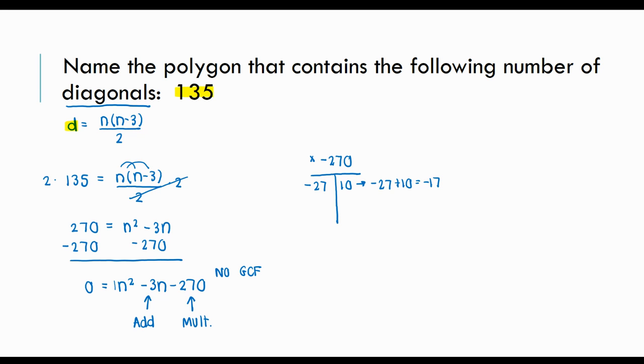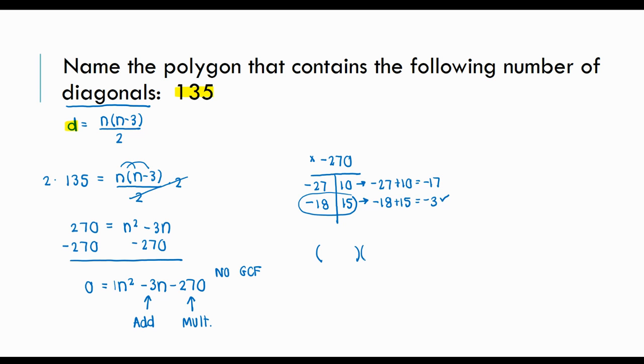I need to pick two numbers that are closer to each other. If you go down the list, another way to multiply would be a negative 18 and 15. And notice that when I combine those two, that will give me a difference of negative 3. So that checks out, where these are the two numbers that need to be used.